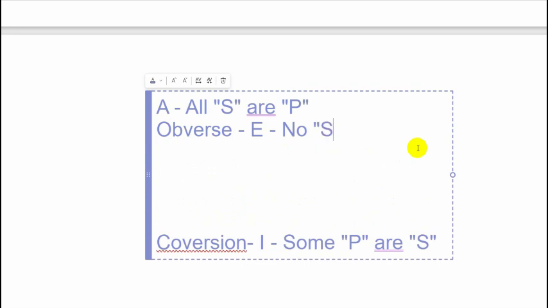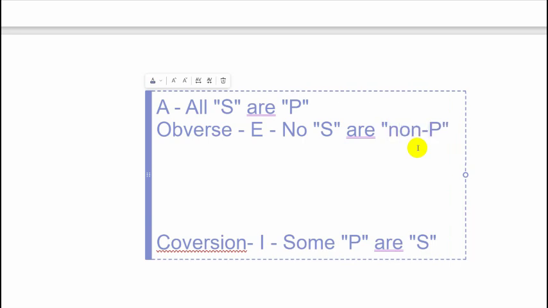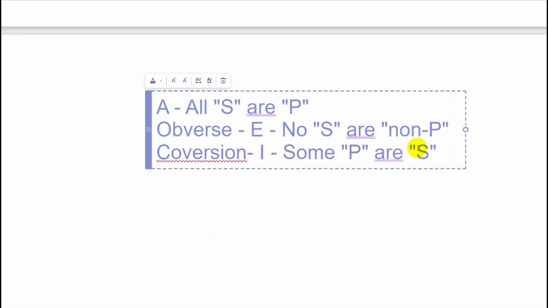So S R P remains like this. But the third rule here was that we have to replace the predicate part with its complement. So complement will be non-P. This is the rule for obverse. So we saw how conversion of A is done. Sorry, this converse.